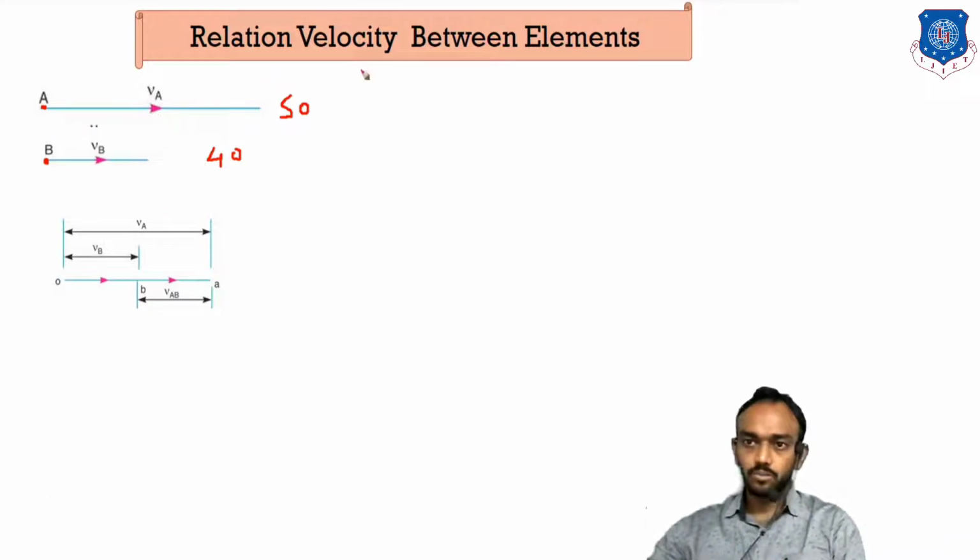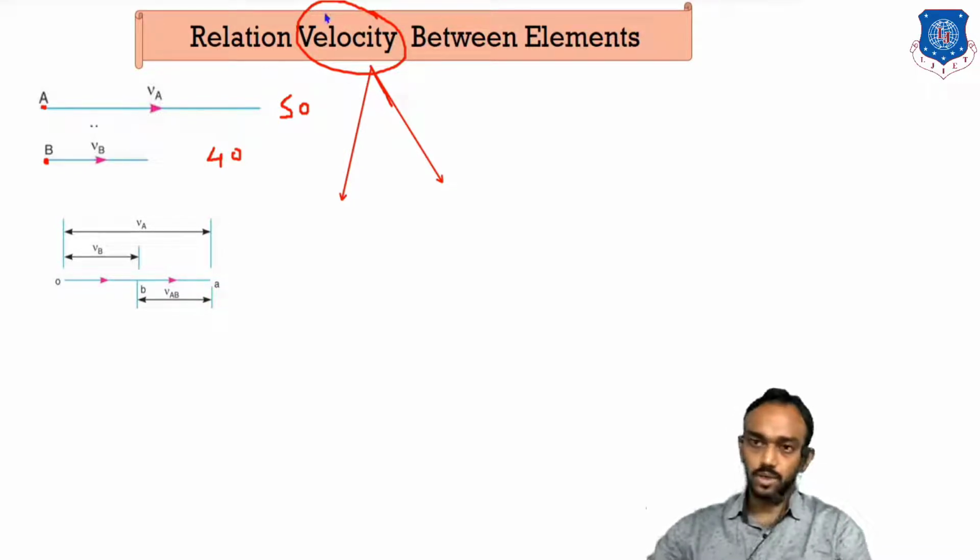And in the same way you can draw the vector, because velocity is a vector quantity. It means if you want to describe velocity in a proper way, you need two quantities. One is magnitude and the second is direction.